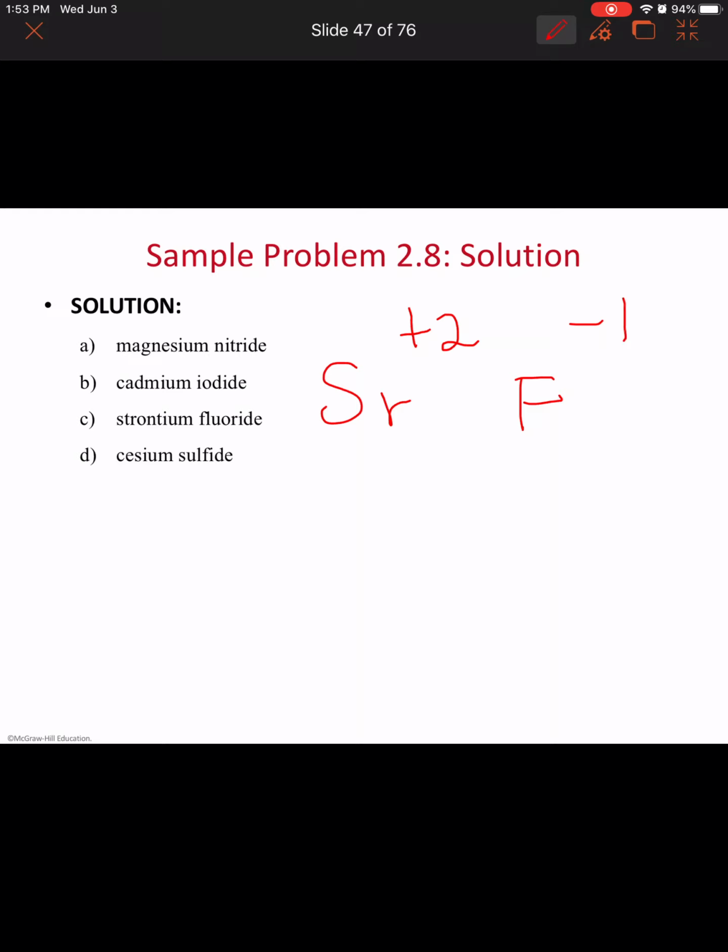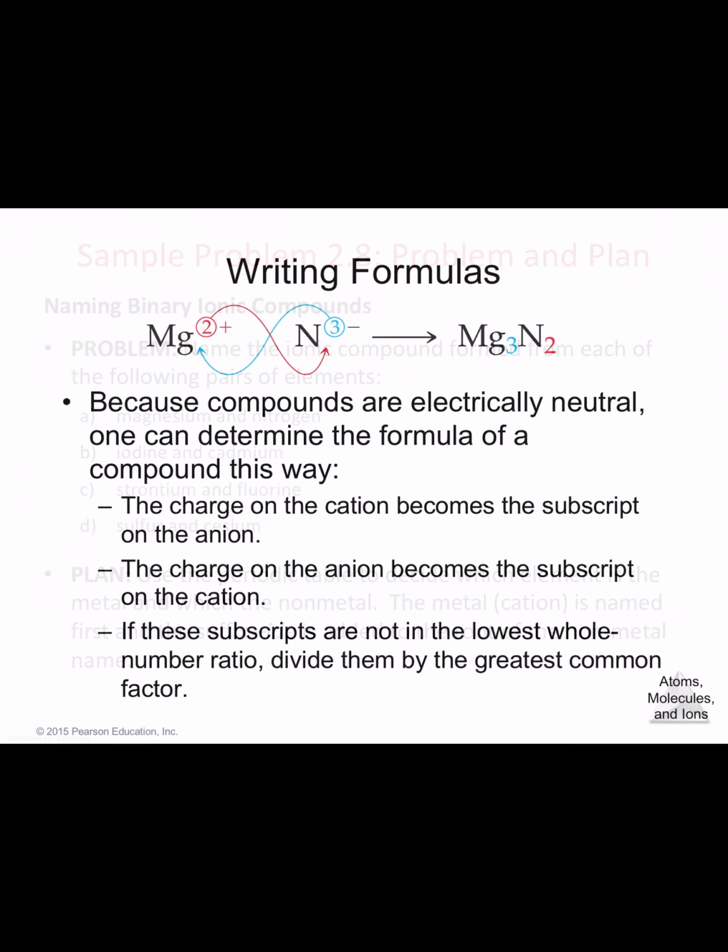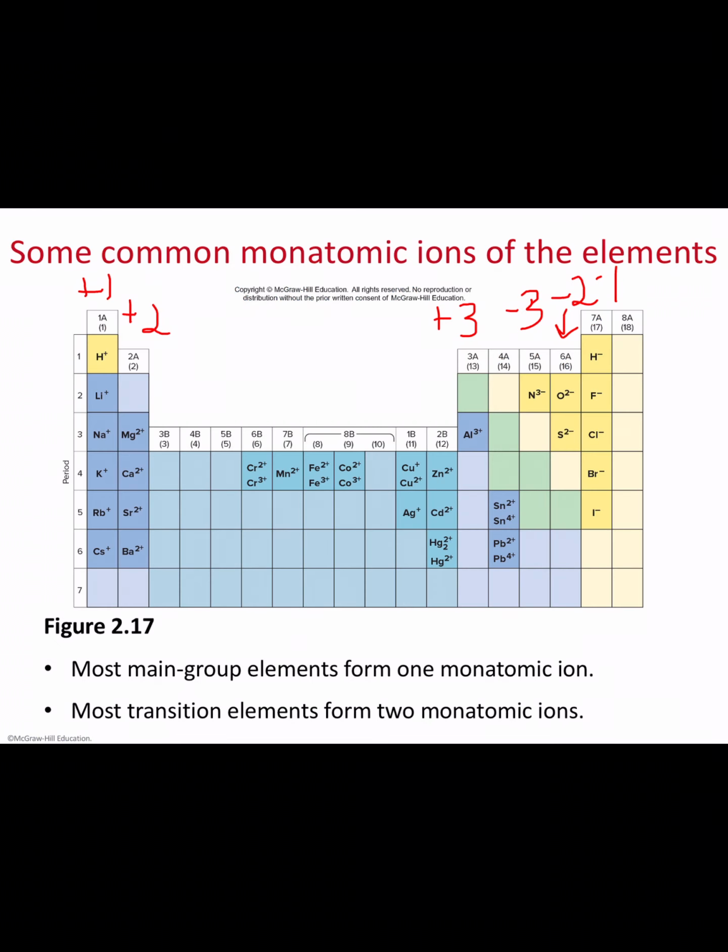So strontium is +2, and then the fluoride F-1. To get the formula, you take the 2 and put it right there, and then you take the 1 and put it right there. That will make it Sr1F2. You don't normally write the 1, so SrF2. That's strontium fluoride.